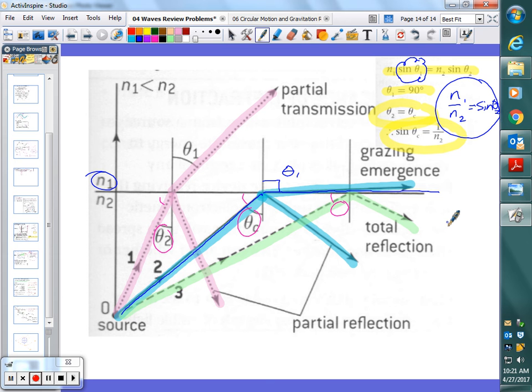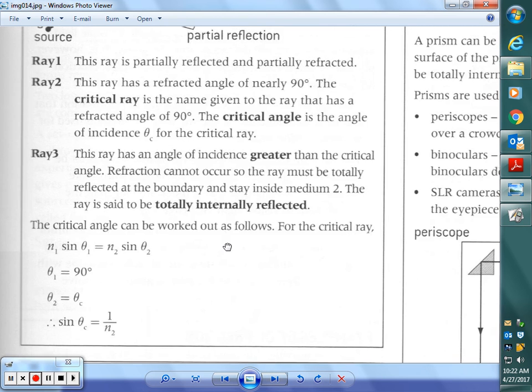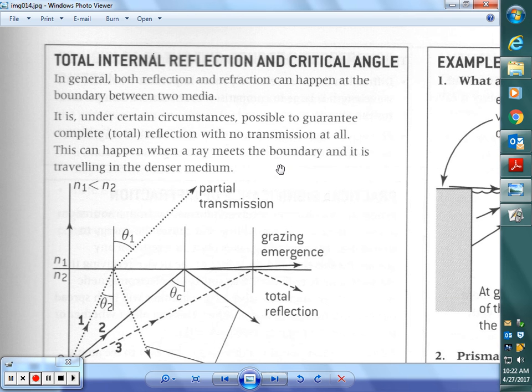In the case of, let's say, a vacuum, if n1 is equal to, well, what do they have here?